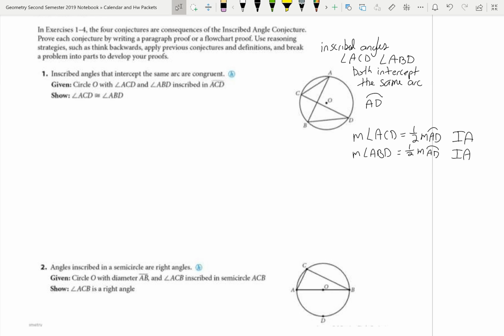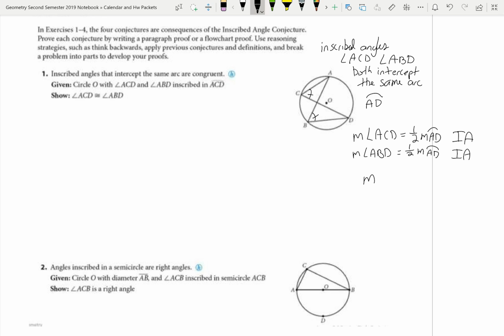Now, what am I trying to show? I'm trying to show that angle ACD is congruent to angle ABD. So I'm trying to show that these two inscribed angles are congruent to each other. I'll also notice that I'm probably going to be using substitution because I have two equations and they're both equal to the measure of arc AD.